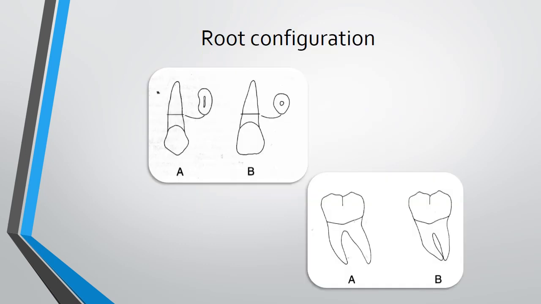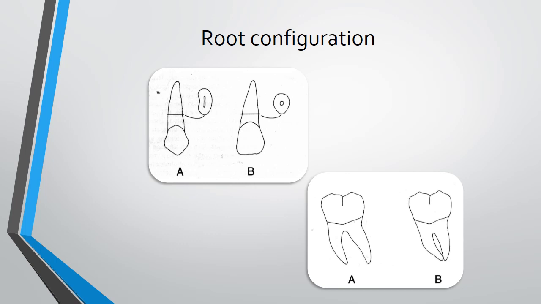The second aspect is the root configuration, which is generally observed in the radiographic evaluation. Well separated, bifurcated or trifurcated roots will have more periodontal area than conical roots or fused roots. In the same manner, in assessment of the root configuration in cross-section, the anterior teeth will always have a rounded or oval shaped root configuration, compared to the premolars and molars, which show a wider or broader root configuration.